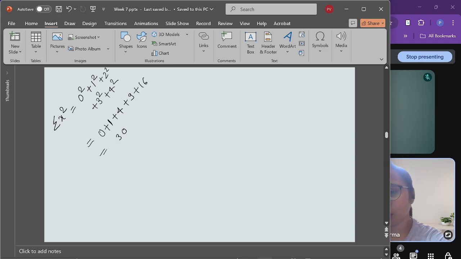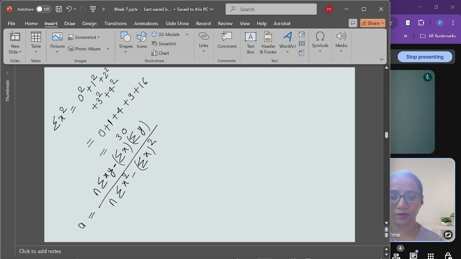Now find out the slope a, that is n summation of x multiplied by y, minus summation of x and summation of y, divided by n summation of x square minus summation of x whole square. Now put all these values: 5 times the xy summation we have calculated, 243, minus summation of x, which is 10, and summation of y, which is 76.